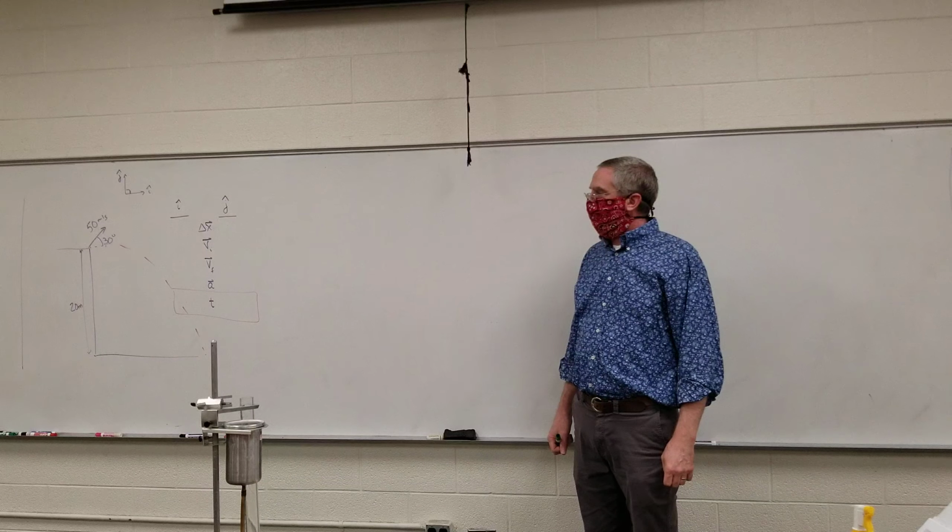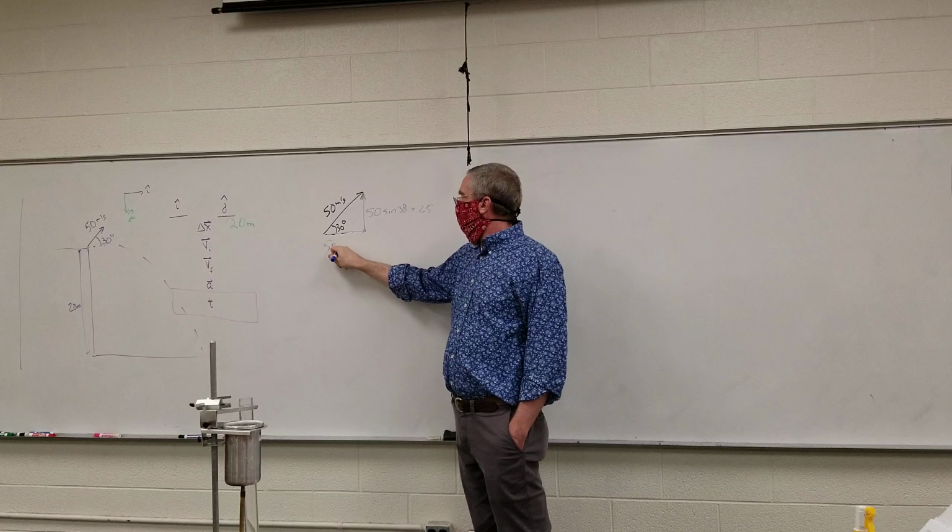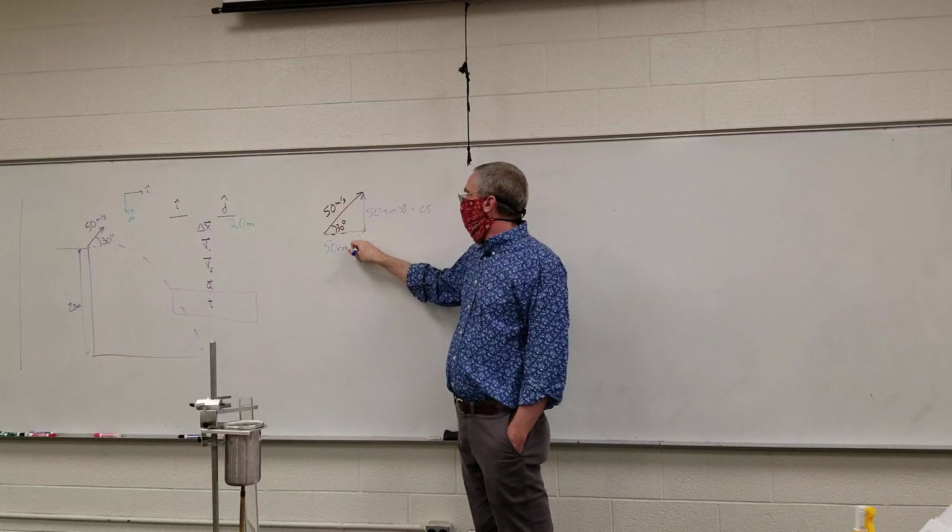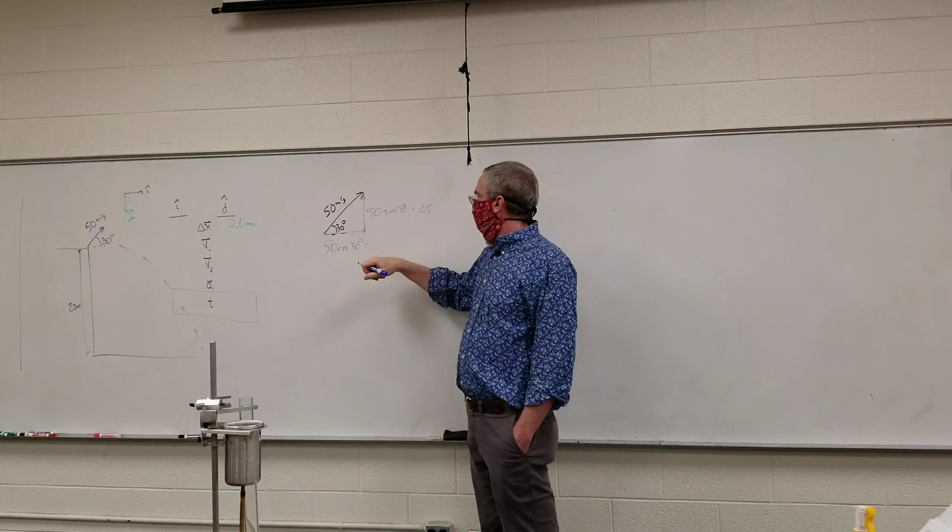And so we need to figure out how much is horizontal and how much is vertical. Flash back to first day, second day. Right triangle trig. This will be 50 times the sine of 30 degrees, which is 25. And this will be 50 times the cosine of 30 degrees, which is 37 point something.